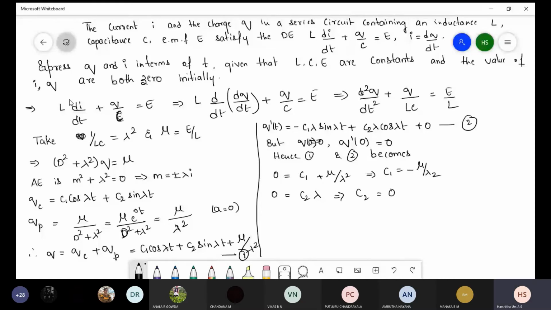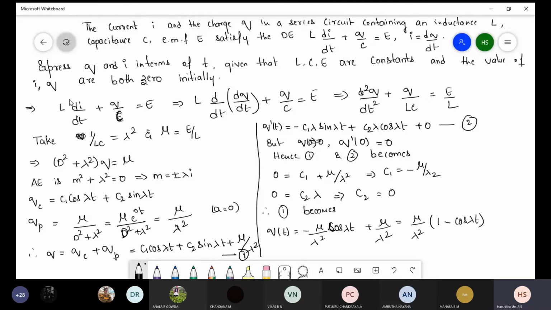So we can write, therefore, equation 1 becomes, substitute in the equation 1, Q of t is equal to C1 is minus mu by lambda square into cos lambda t. C2 is 0, so don't write, plus mu by lambda square. Now, I will take this mu by lambda square outside, so we can write 1 minus cos lambda t.